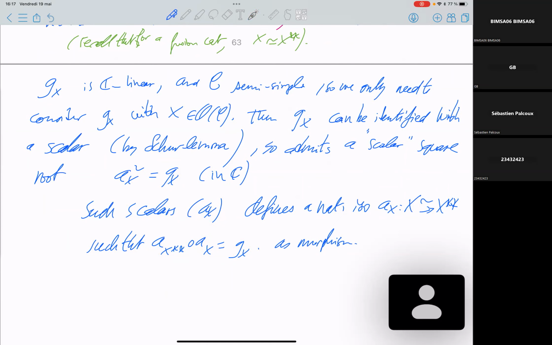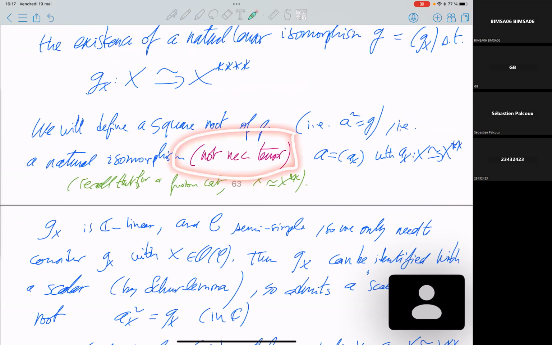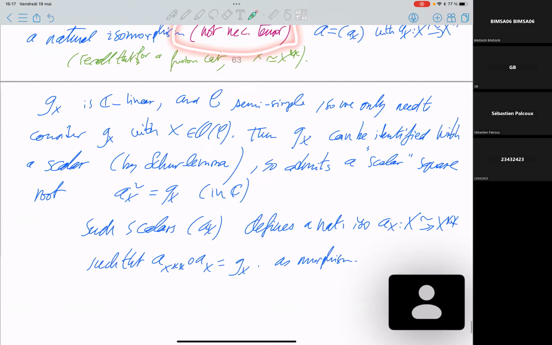So maybe you have something to check here, that it really defines a natural isomorphism between the identity and the double dual functor. But up to that, you get such a natural isomorphism, which is not necessarily tensor. We will see the condition making it tensor.